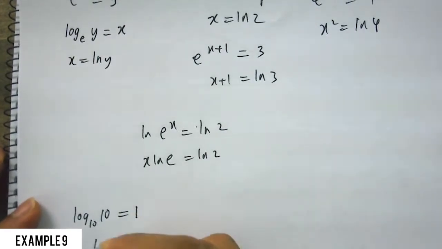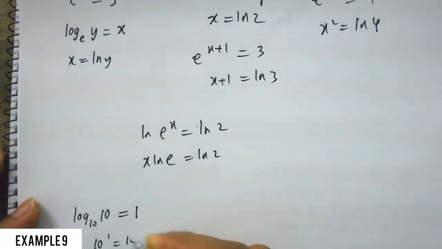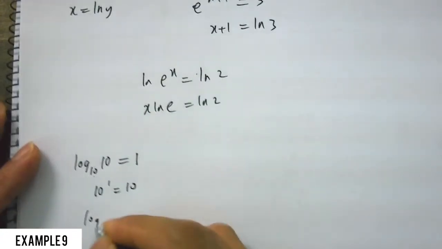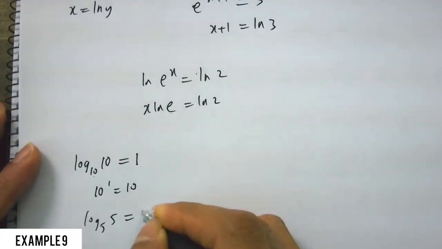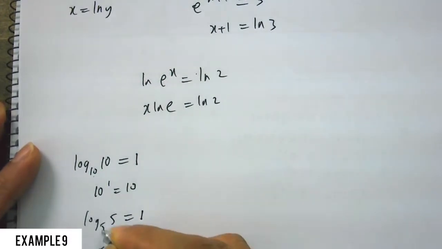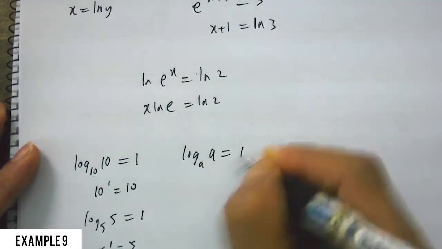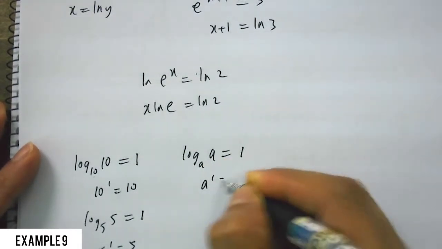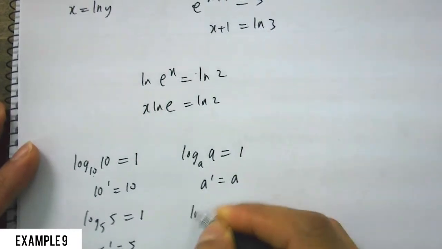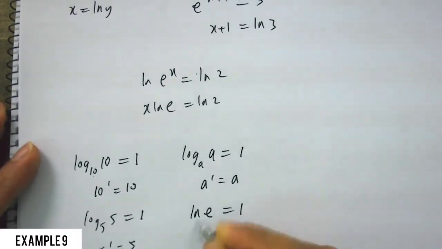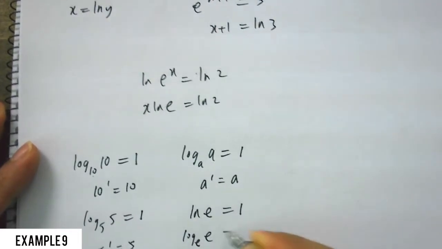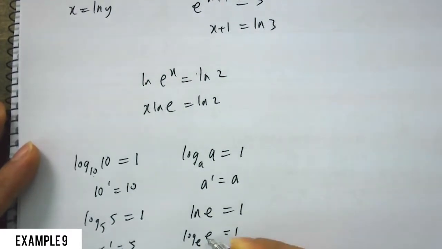Why? 10 power 1 is 10. Log 5 has a value of 1. Why? 5 power 1 is 5. Log a is also 1 because a power 1 is a. So ln e is also 1. Ln simply means log base e because e power 1 is e.